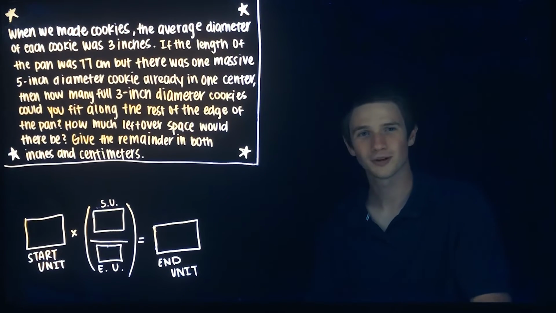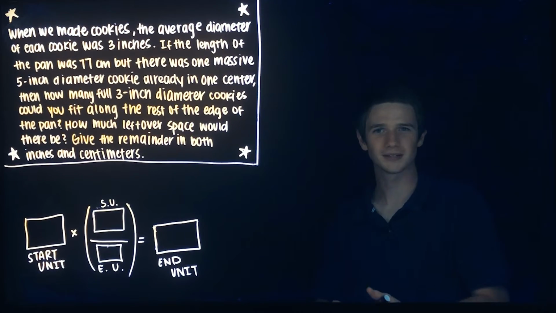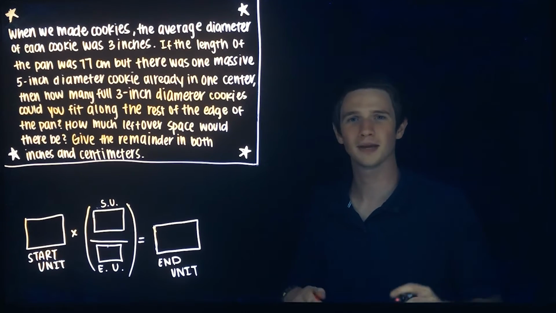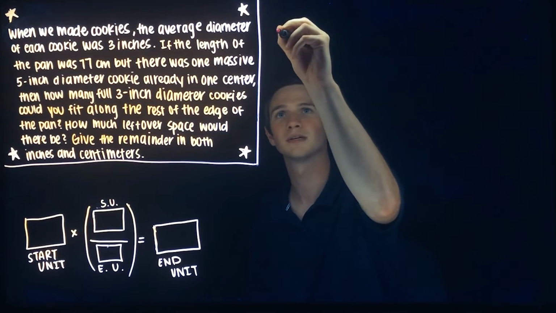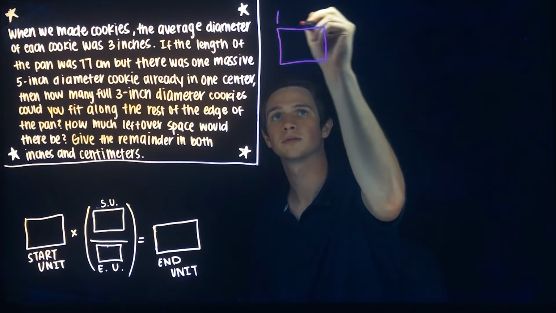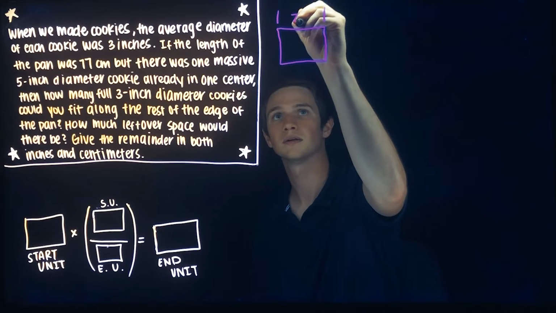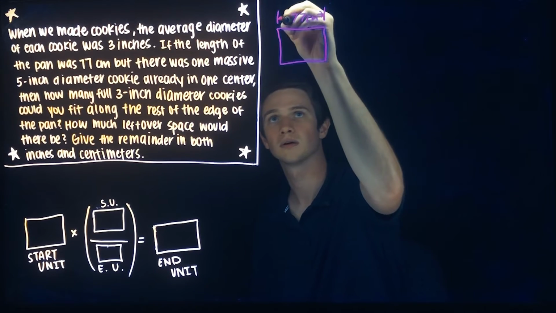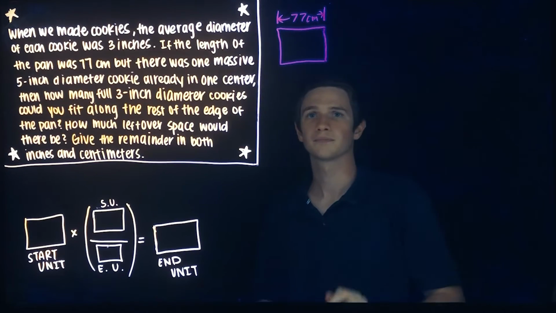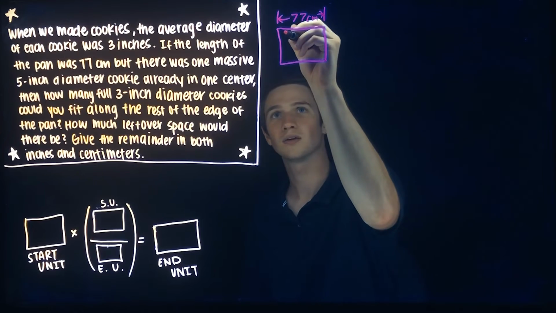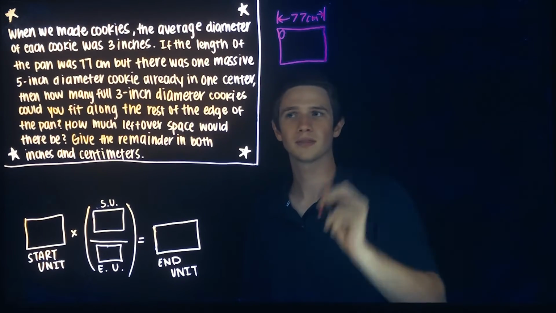Let's try a problem with cookies next, like the cookies we baked in the last lesson. In this problem, we have a pan that measures 77 centimeters across the top. So we'll say this length right here is 77 centimeters. Now we have one 5-inch cookie in the corner of that pan. That's right there.